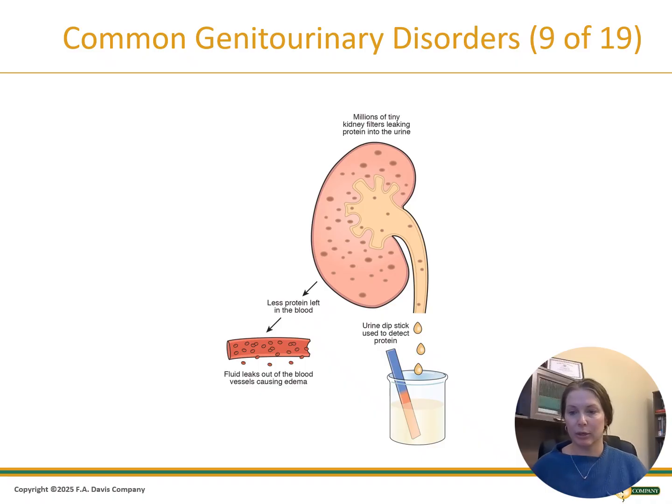So just kind of remember that we have the leaky filters that are leaking out the protein, which leads to the proteinuria, leading to the low blood protein that's causing the fluid leakage, giving us edema. Whew.